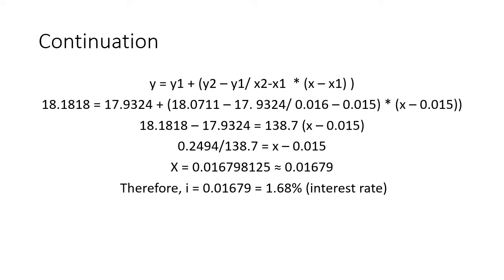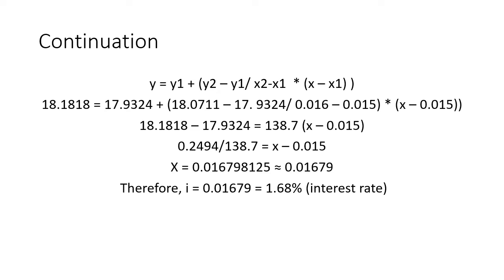Therefore, we have this equation in front of us. y is equal to y1 plus (y2 minus y1) divided by (x2 minus x1) times (x minus x1). From the previous slide, I have shown that y is equal to 18.1818.